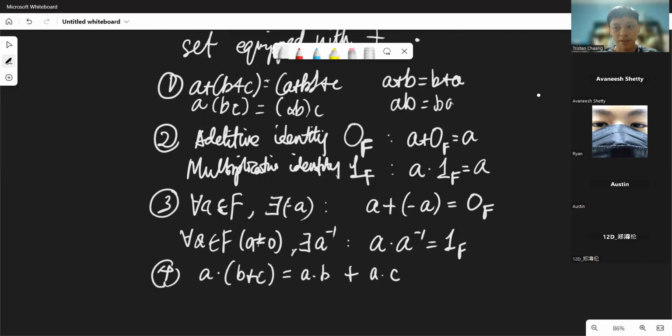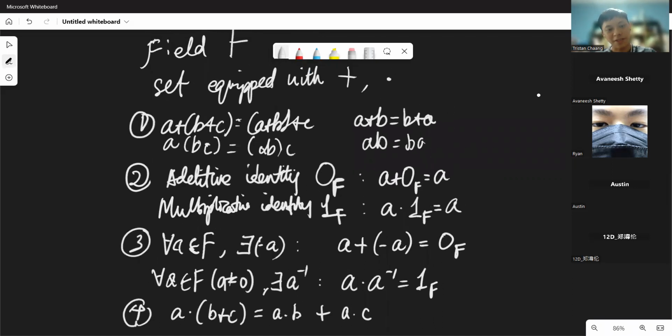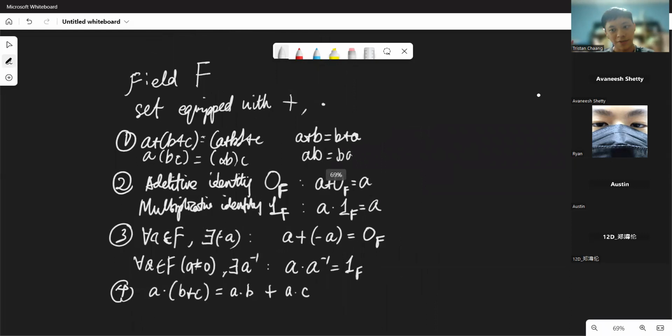We're not talking about the set of real numbers, the set of rational numbers, the set of complex numbers or anything that is similar to it. These are just abstract definitions for an operation plus and an operation multiplication.